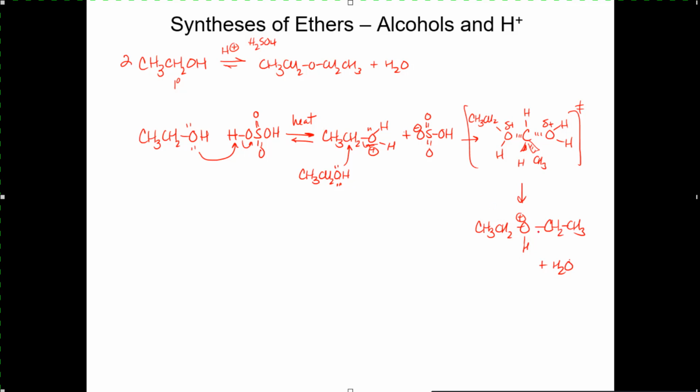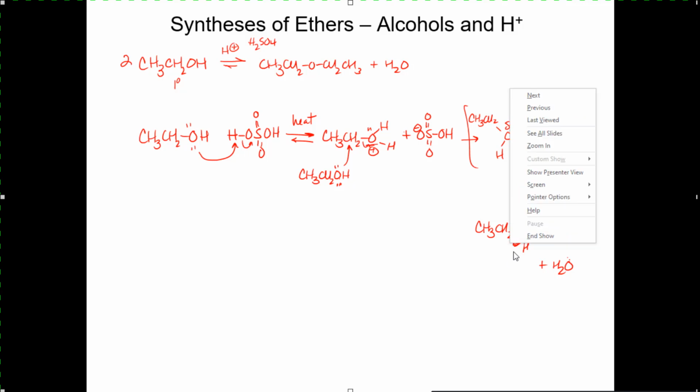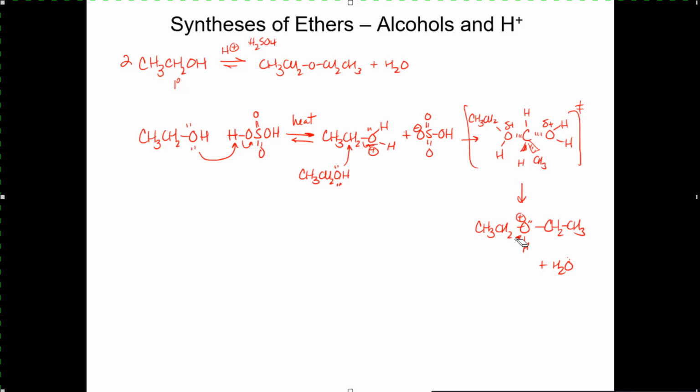And then once I've formed this molecule, this oxonium ion, the pair of electrons would go back to the oxygen to form the oxygen with no charge. And my arrow's gotten a little bit out of control there, so let me erase it. And then what's going to catch that H plus?